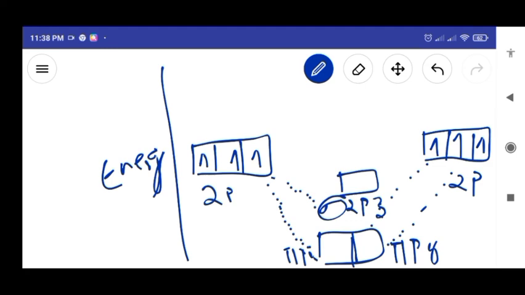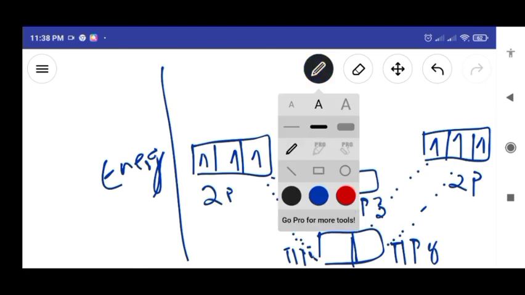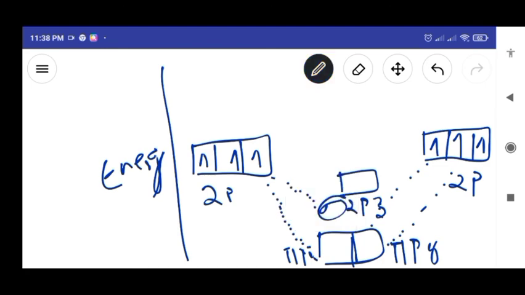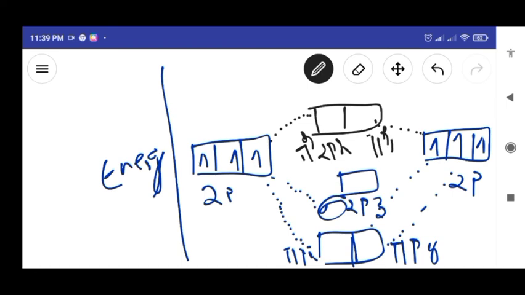Similar to this, the same order we have to draw for the antibonding: pi star 2Px, pi star 2Py, and above that sigma star 2Pz.